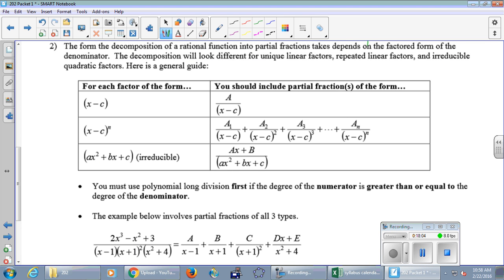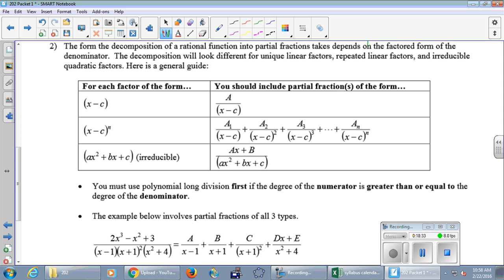So if the bottom has a factor of the form x minus a number, which we had twice, x plus 1 and x minus 4, then you put a constant on top of that factor. A over x plus 1, b over x minus 4. If there were a third one, you'd put another one, c over that third guy, all right? So if you just have a single linear factor, you just put a letter on top of it.